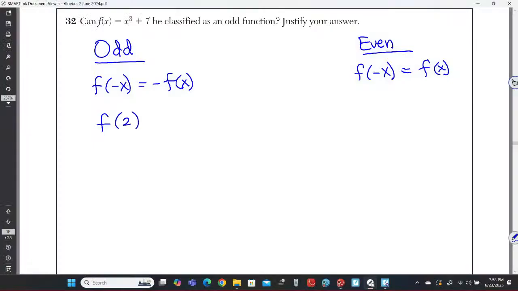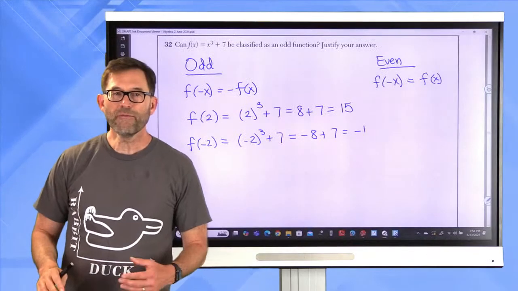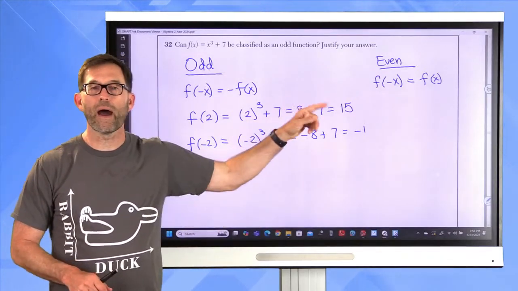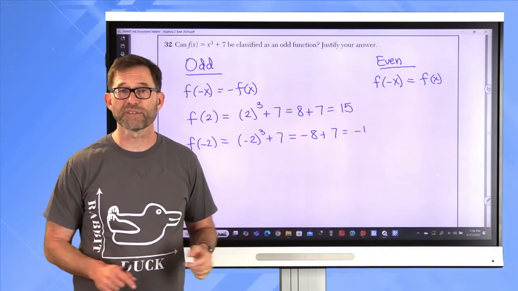Let's figure out what f of 2 is. 2 cubed plus 7, that would be 8 plus 7, and that would be 15. f of negative 2 would be negative 2 cubed plus 7. That would be negative 8 plus 7, and that's negative 1. Now, if this was an odd function, then these two outputs should have the same absolute value, but just different signs.